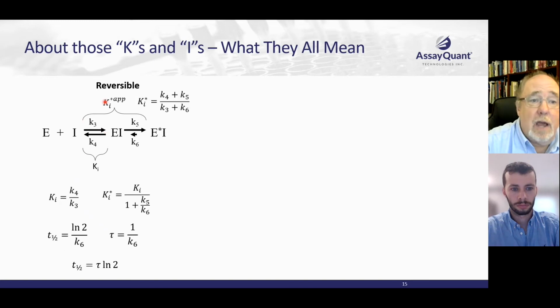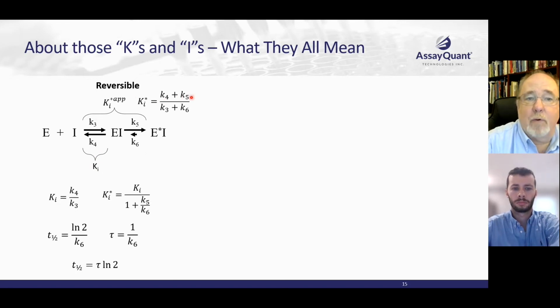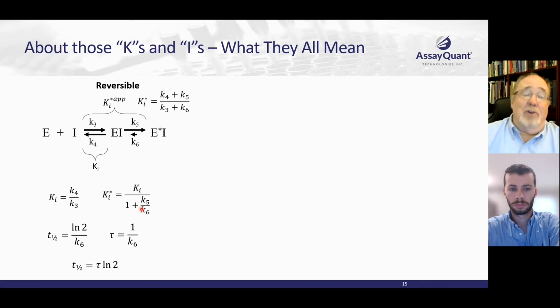There's actually another collection of rate constants here that doesn't just have the off rate divided by the on rate, which gives you this Ki. There's Ki star, and that's K4 plus K5 divided by K3 plus K6, and that incorporates all of these various steps. And that's how you can calculate the half-life and the residence time. So that's all the Ks and Is for reversible.